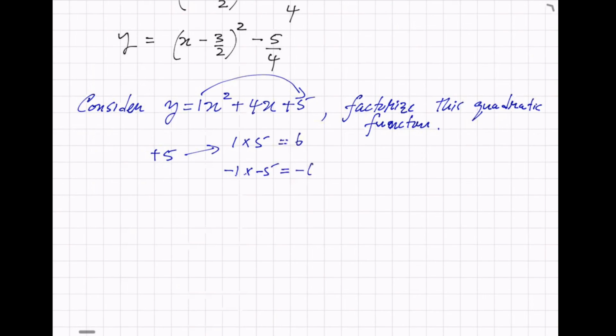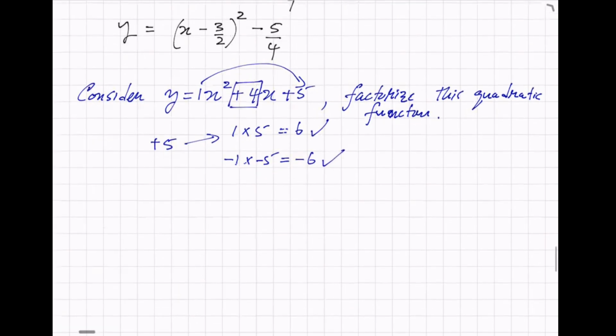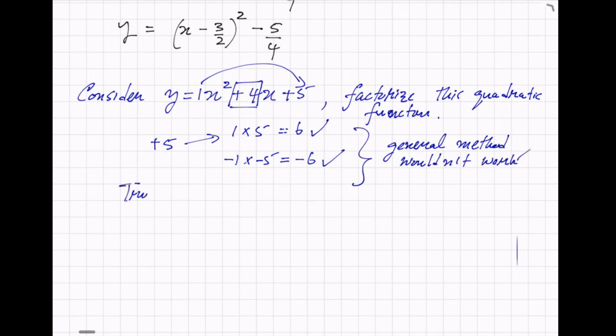So you wouldn't be able to produce plus 4 here and there, right? That is the clue to you, so that you will know that general method wouldn't work. So if general method wouldn't work, you have to definitely try the perfect square method.